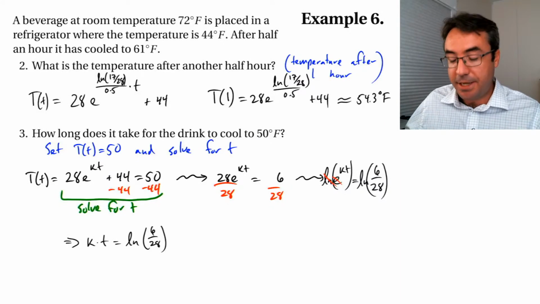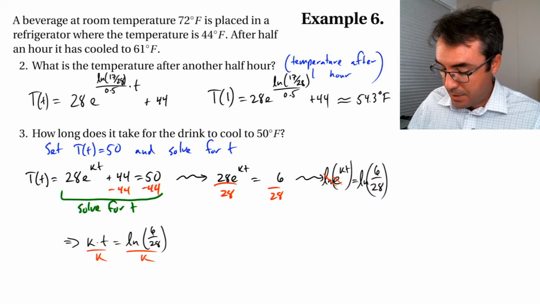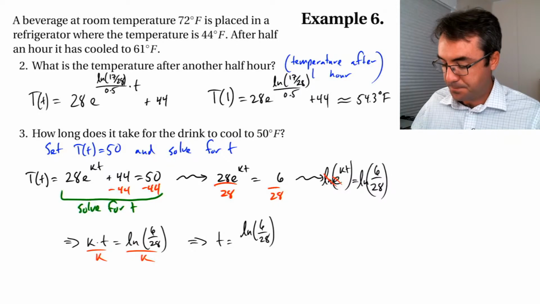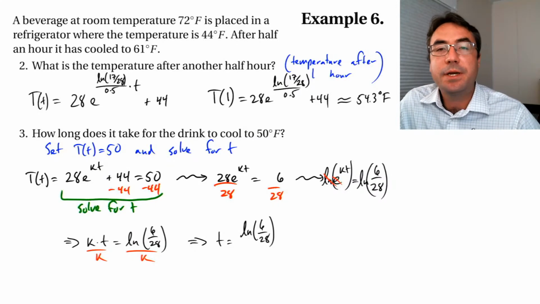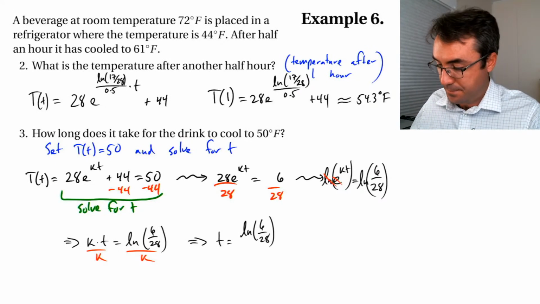And we want to solve for t, so divide both sides by k. So this gives us t is equal to natural log 6 over 28 divided by k. And we know what k is, so let's just fill that in.